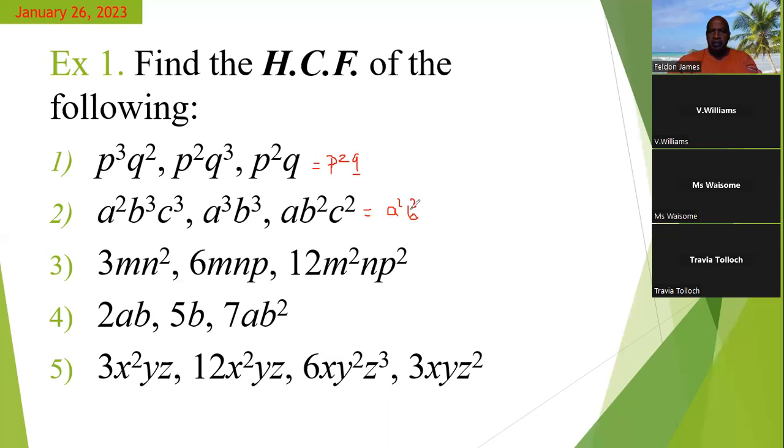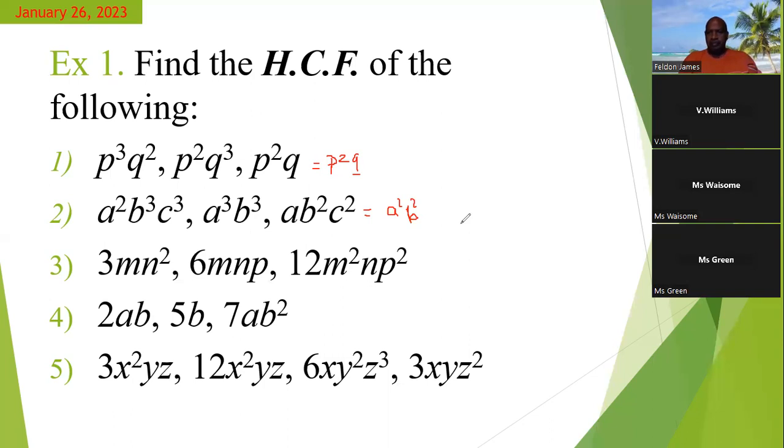Anybody else in agreement with Ms. Williams? Let me see your hand. Miss Green, are you in agreement with Ms. Williams? Sir, I'm not sure, sir. Maybe A, B squared.